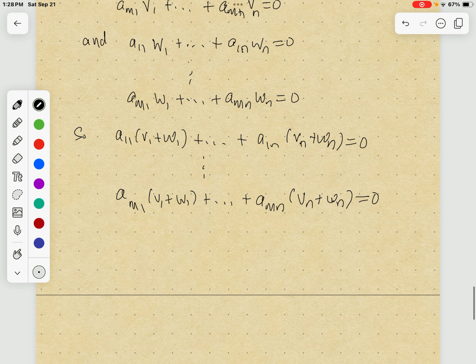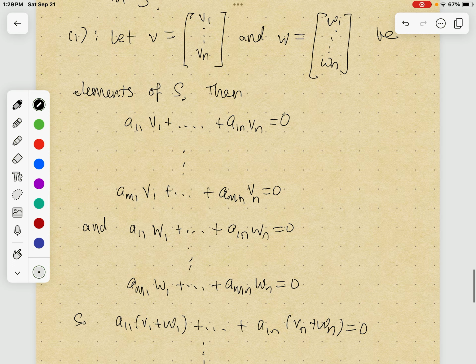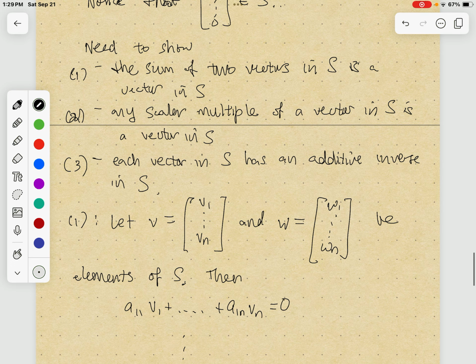And what that means is that v plus w is in fact an element of S. So that shows condition 1, that the sum of two vectors in S is in fact a vector in S.